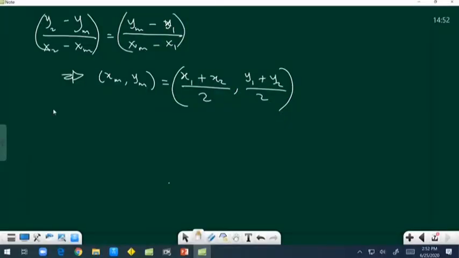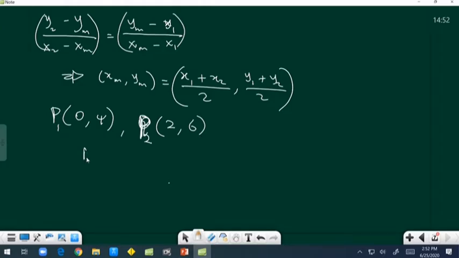If you are given 2 points, P1 as (0, 4) and P2 as (2, 6), we want to find the midpoint between P1 and P2.